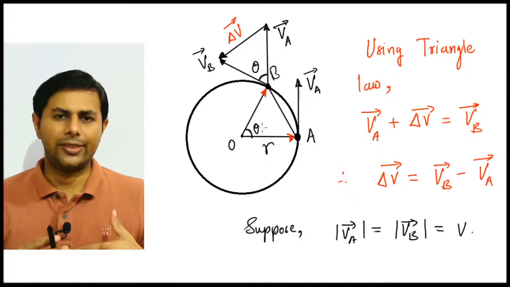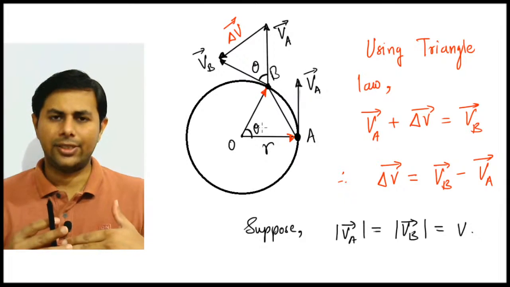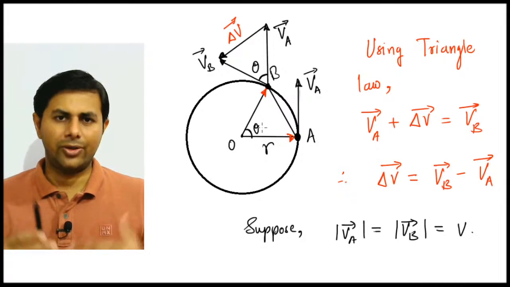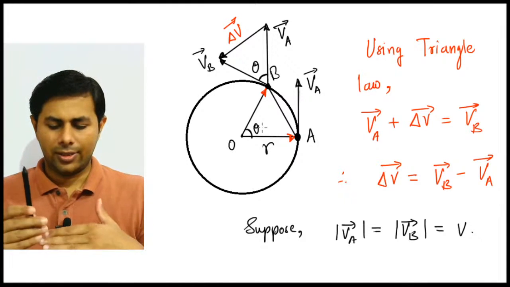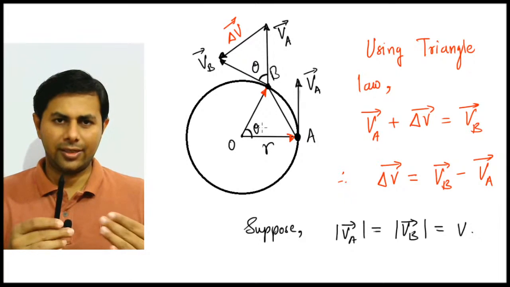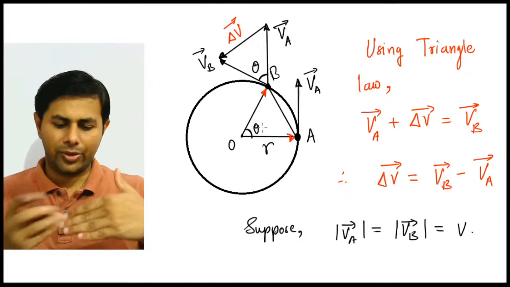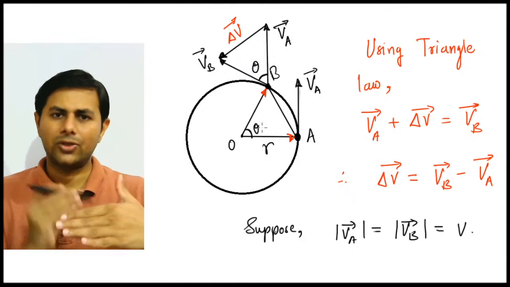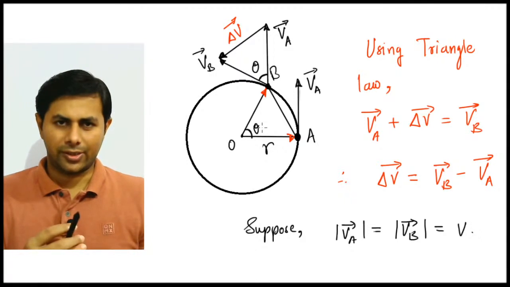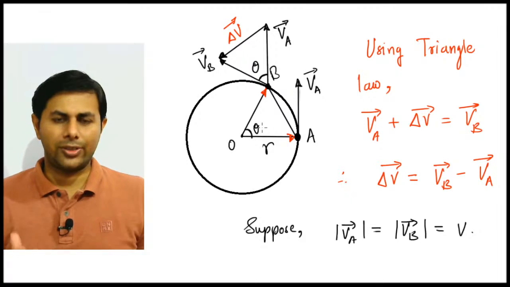So now we know that velocity is perpendicular to the radius vector. Okay, so velocity is directed along the tangent, and tangent is perpendicular to the radius. So velocity is perpendicular to radius vectors. Now since the angle between two radius vectors is theta, then if we rotate these lines or radius vectors by 90 degrees at both positions, then we will get the direction of velocities.